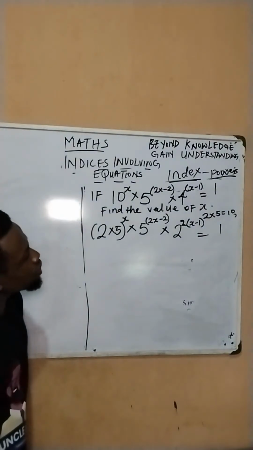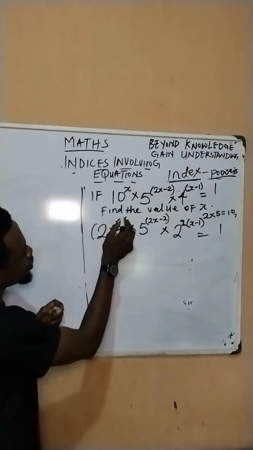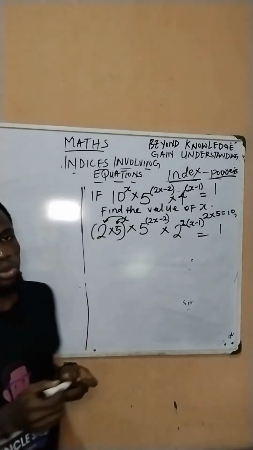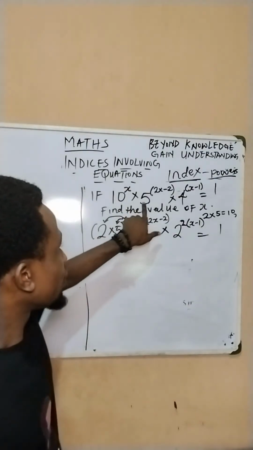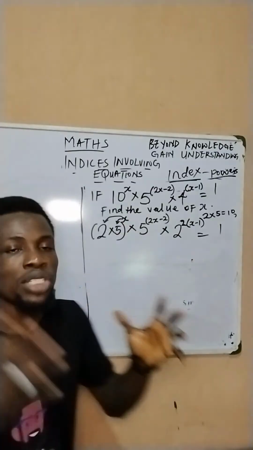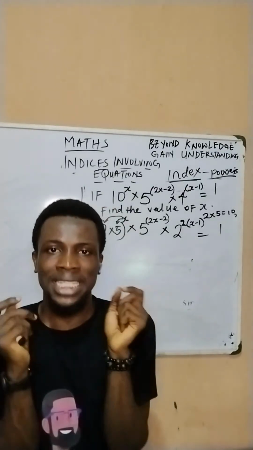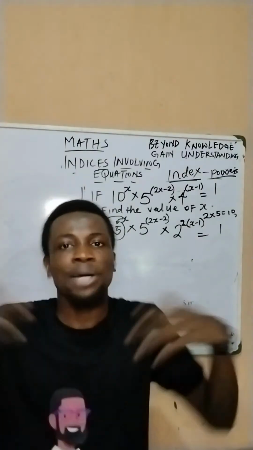If I go ahead to simplify, I can use this power that is outside here and share it to each of the expressions here, because what I'm trying to achieve is this. Since there's no connection between 5 and 4 in terms of base, I'm trying to find a way to reduce the given expression so that if there are bases that I can combine based on the basic laws of indices, I'll do just that.